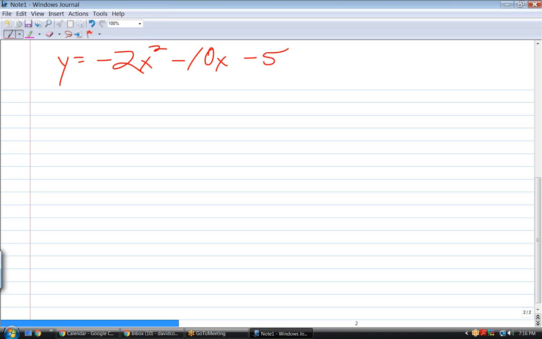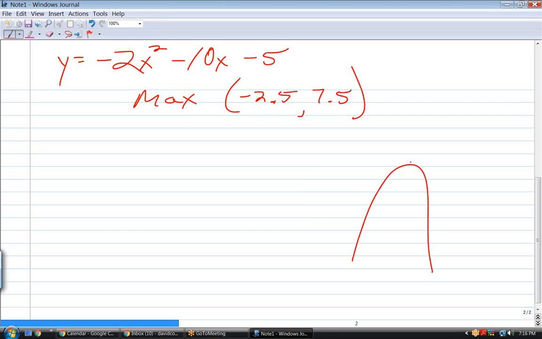Yeah, the maximum is negative 2.5 comma 7.5. That's the vertex. Negative 2.5, 7.5? Yeah. Which means that when x is minus 2.5, it's right there.